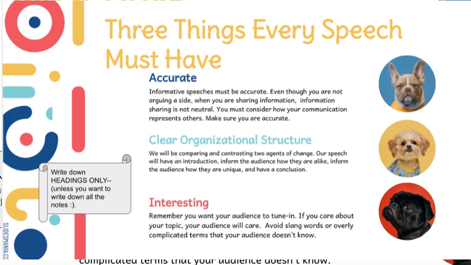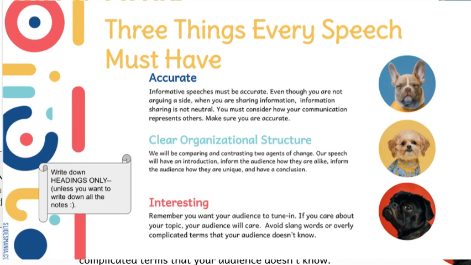We are going to do a great job with it. But that is a really important piece of it. We're going to be comparing and contrasting. Our speech is going to have an introduction. It's going to inform the audience how they're alike. It's going to inform the audience how the 2 agents are unique, and it will have a conclusion. So it will be super structured.